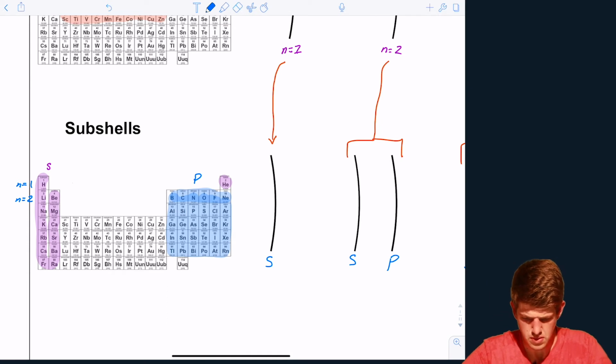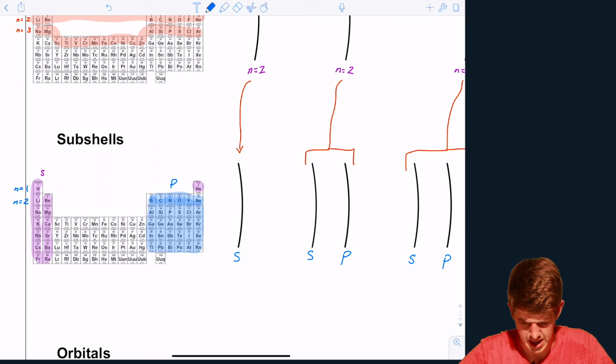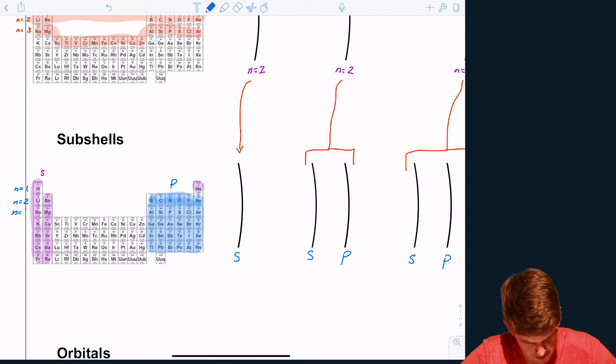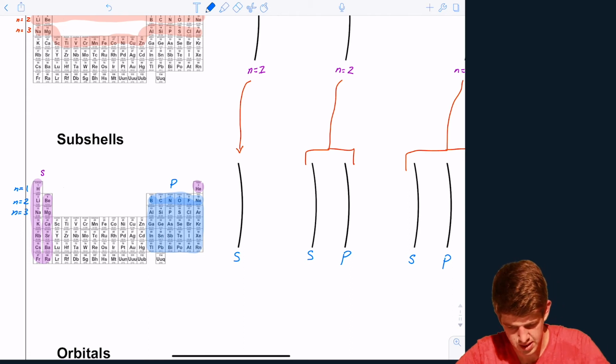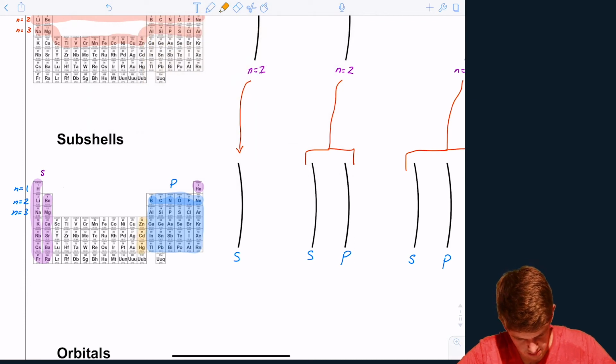Now, lastly, there is no d block in n equals 2. But when we move down into n equals 3, we will get that D block. And that D block is going to appear right here.